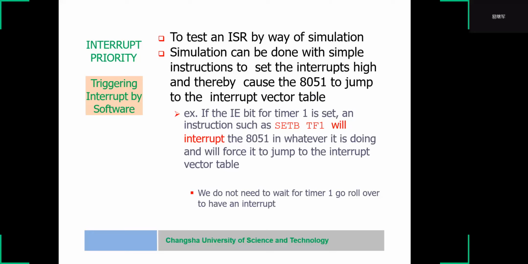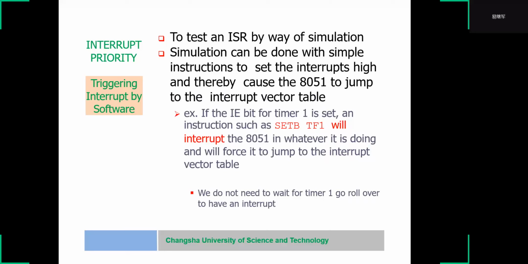Simulation can be done with a simple instruction to set the interrupt flag high and thereby cause the 8051 to jump to the interrupt vector table. For example, if the IE bit for Timer 1 is set, an instruction such as SETB TF1 will interrupt the 8051 in whatever it is doing and force it to jump to the interrupt vector table.